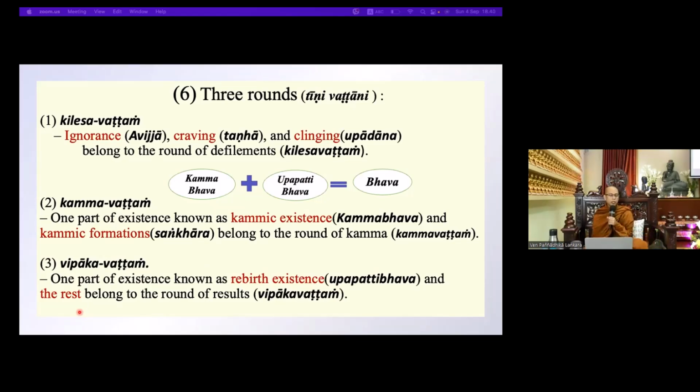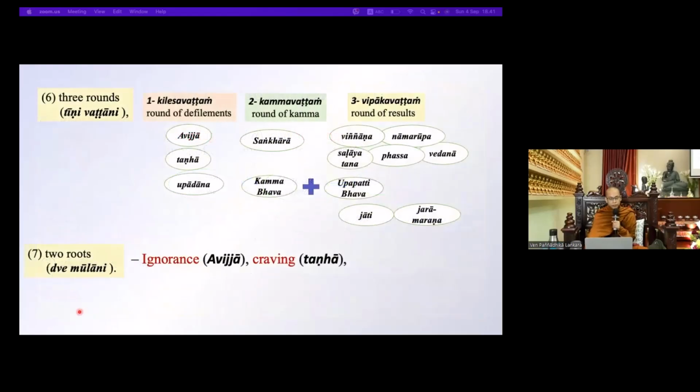If you see, we can find them in the resultant group, the future resultant or present resultant, in the former slide. So in this way, three rounds, three Vata are mentioned: Kilesa Vata, Kamma Vata, and Vipaka Vata. And also you have to study which factors are included in which Vata. After that, we will explain the connection of the three rounds.